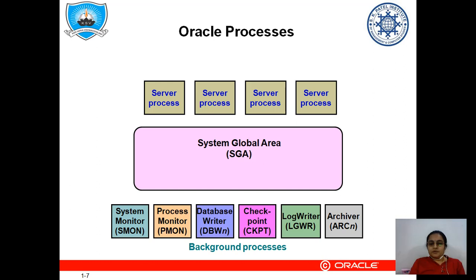Log writer, the LGWR process, is used to write all transaction logs into the database. So all transaction logs are recorded into the transaction log as well as in the storage area using this particular process.